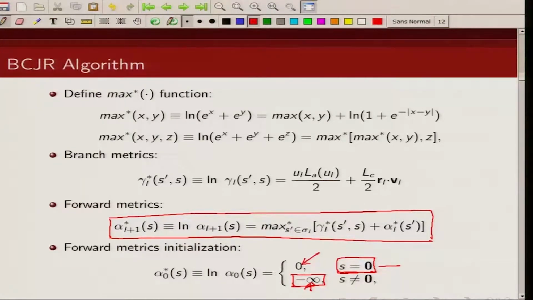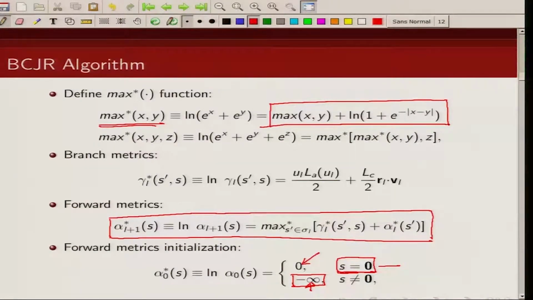Now if you are wondering why I am switching from the probability domain to the log domain, we have shown that the max star operator can be very easily implemented, because it is just the maximum of x and y plus some correction term.